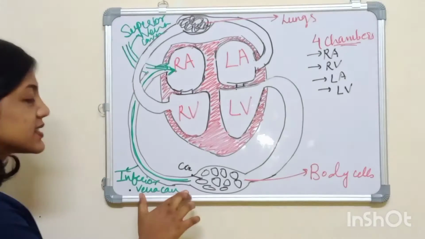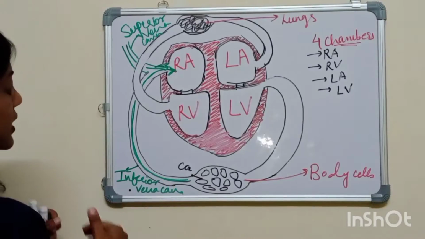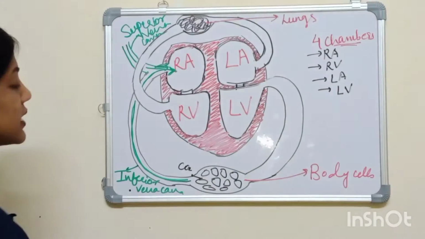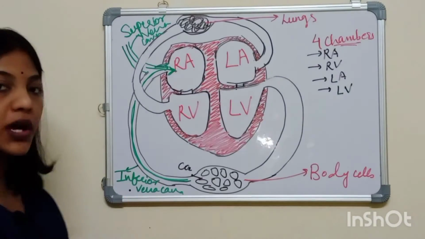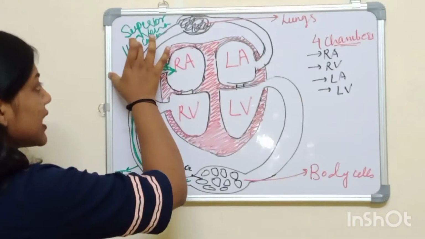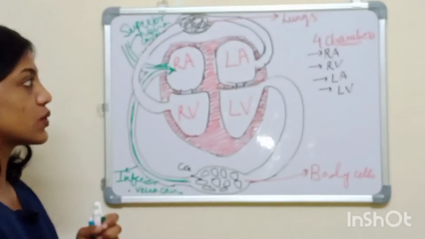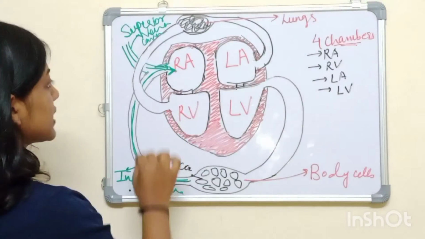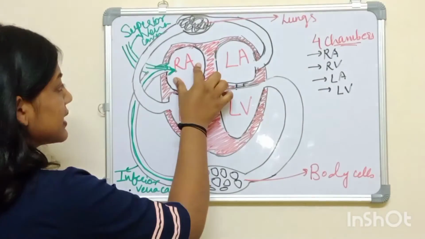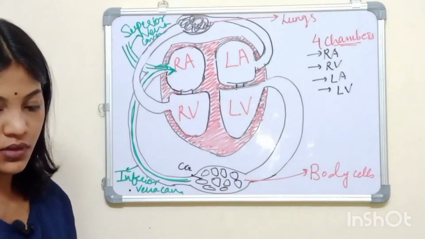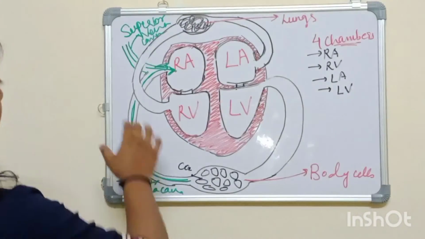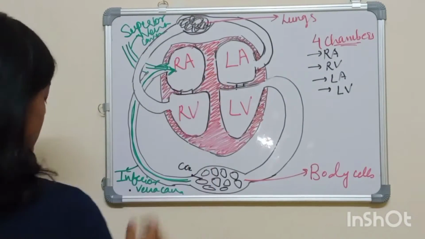Inferior vena cava is the pathway that brings the deoxygenated blood from the lower body, while superior vena cava brings deoxygenated blood from the upper body parts. Okay, these two will bring the deoxygenated blood into the right auricle.